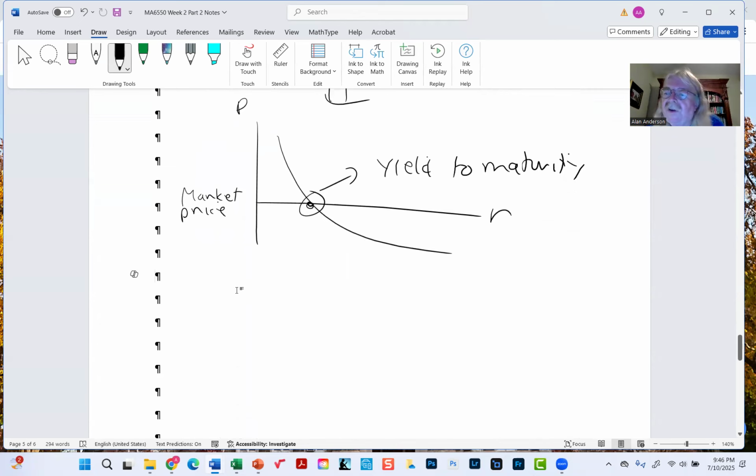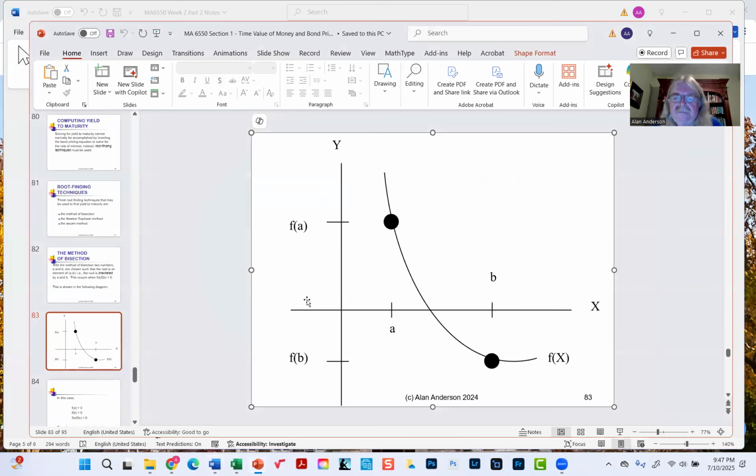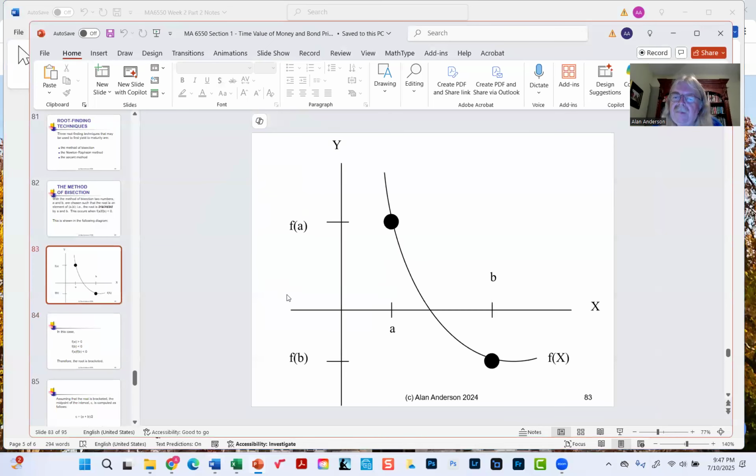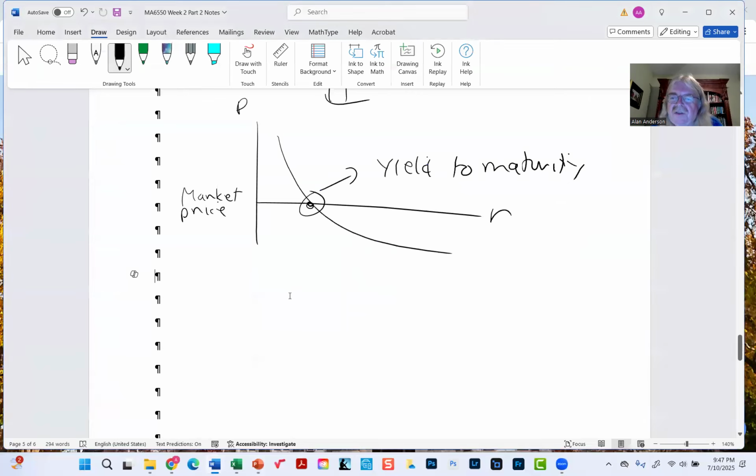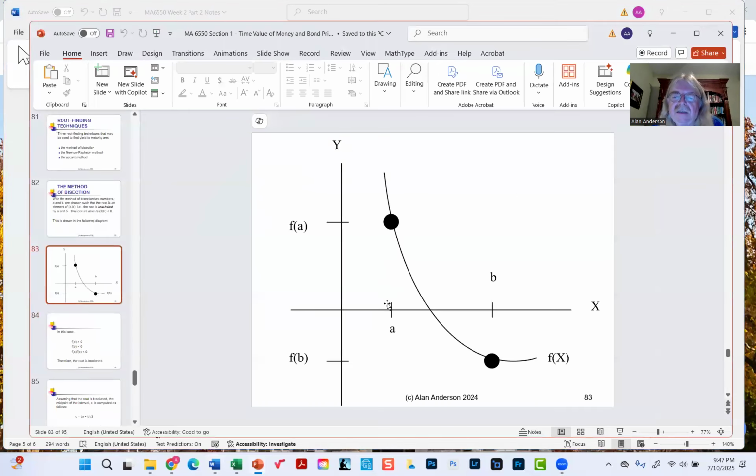All right, so now how do we find this point? Well, we're going to choose 2 points on either side. So by the way, we're going to use slightly different notation here. We're going to call this f of x. And so you can see what's happening here is that here's where it crosses.